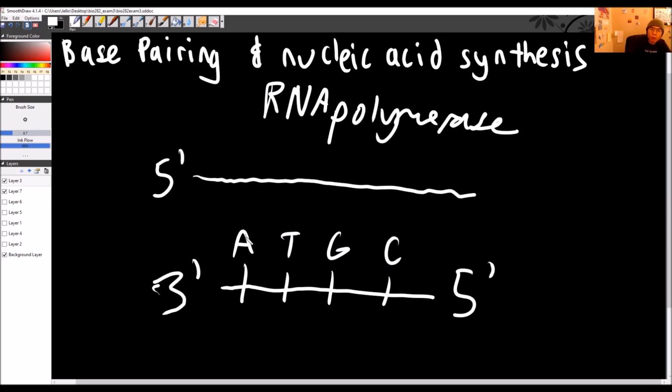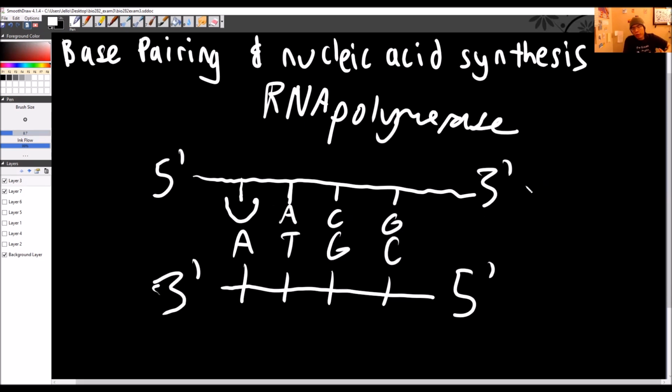So we think about, okay, what pairs up with our A? A thymine, but this is RNA we're talking about, so it's a uracil. And then this thymine, adenine is totally good. You can make a cytosine, you can make a guanine. And we synthesized it in the anti-parallel direction, going in the 5' to 3' direction.